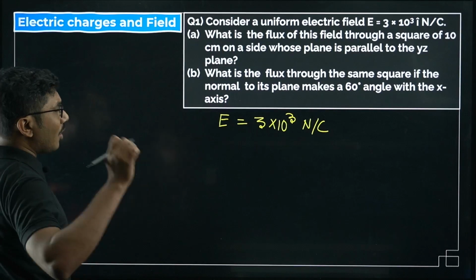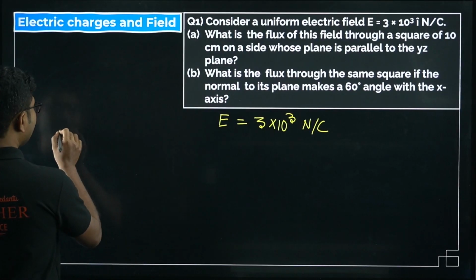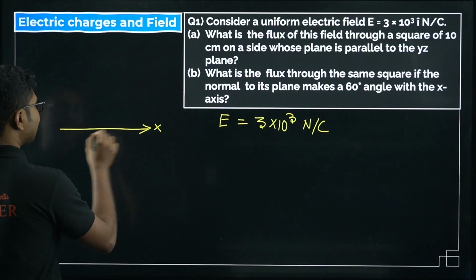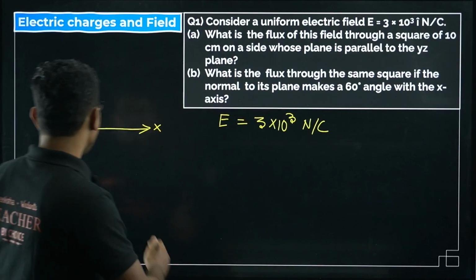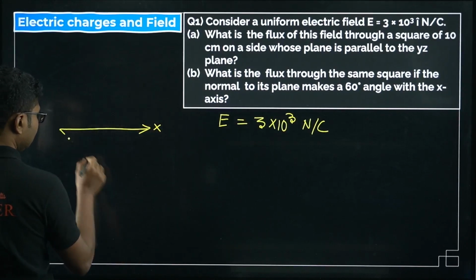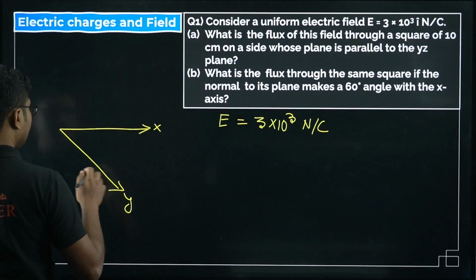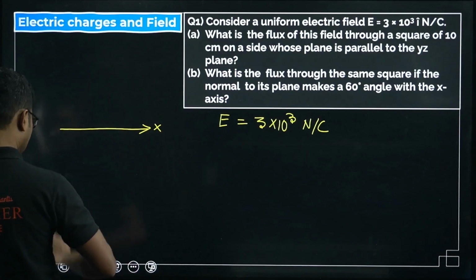So what does the plane look like, what does the electric field look like? Suppose this is the x-axis, so the electric field is along the x-axis because of i cap. Now suppose this is my y-axis, and sorry, not this way, the y-axis should be inward.